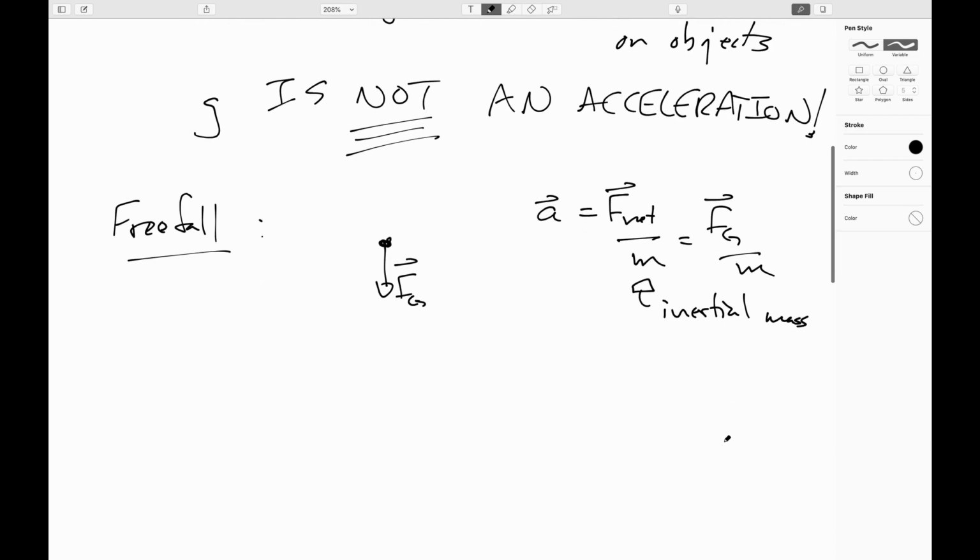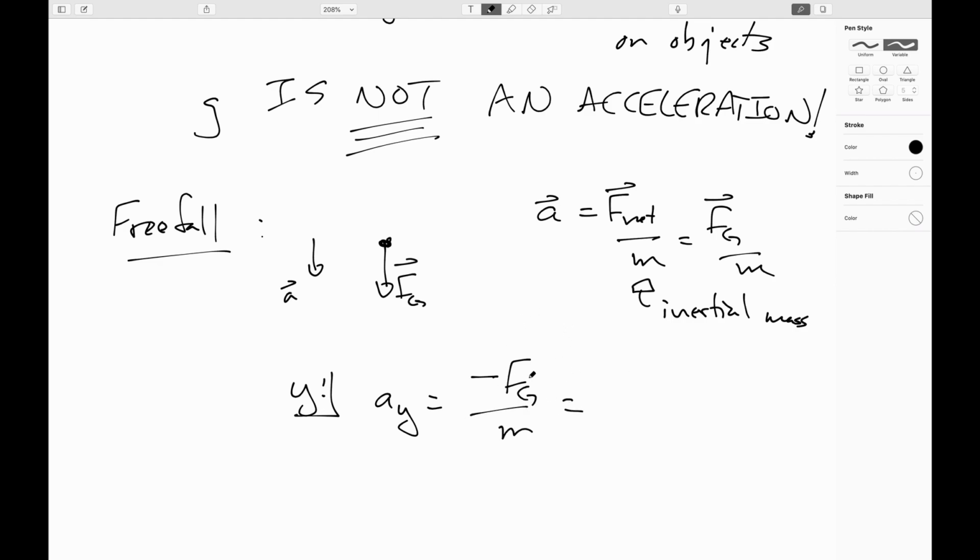So if we take the y component of this, we know that the acceleration is going to be pointing down. We'll just say a sub y, and we know it's going to be pointing down, so we can put in a minus sign, and that's okay, because the force of gravity is pointing down, so minus Fg over this inertial mass.